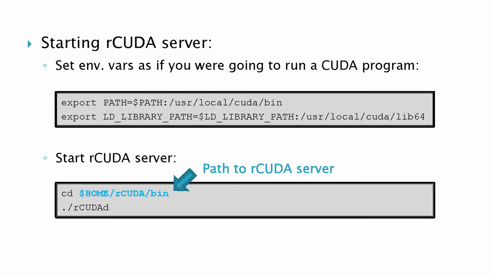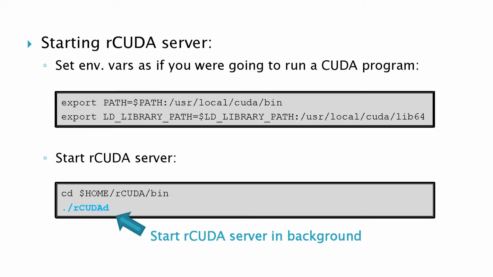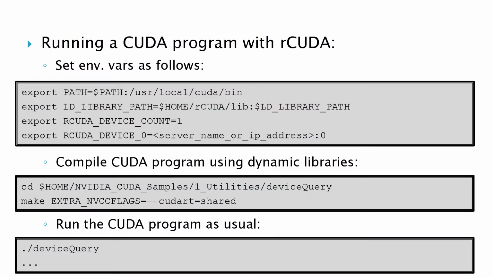Next, in the first instance, we are going to use the TCP protocol in order to move the data through the network. And now we need to go to the path where the binaries are, in this case, this one.